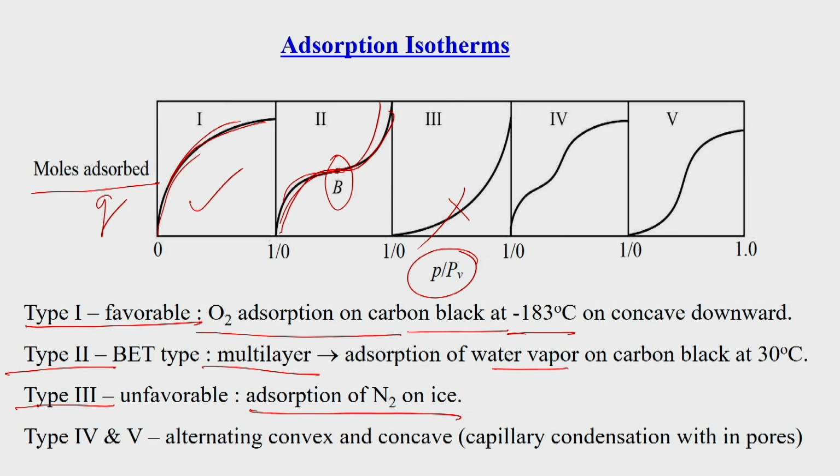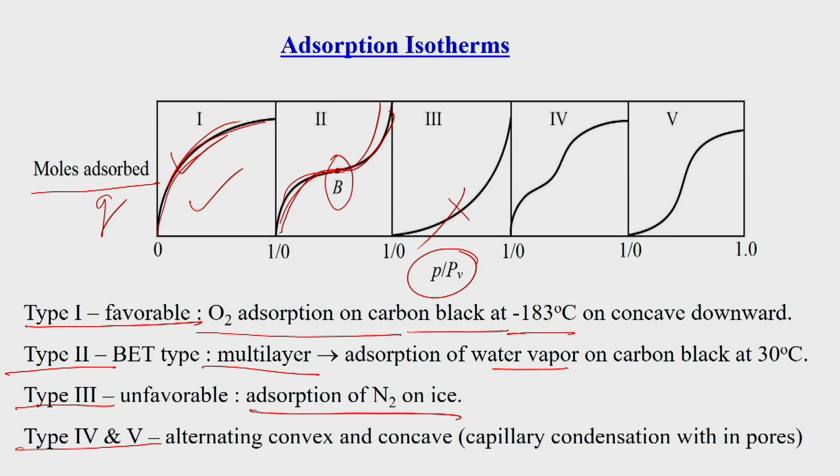We discussed in the beginning that it is a surface phenomenon and the rate should be very high at first, like type 1, but decrease with time. Here it is the reverse: in the beginning the rate is very low, and once the surfaces are adsorbed the rate increases exponentially. That is unlikely, which is why it is unfavorable.